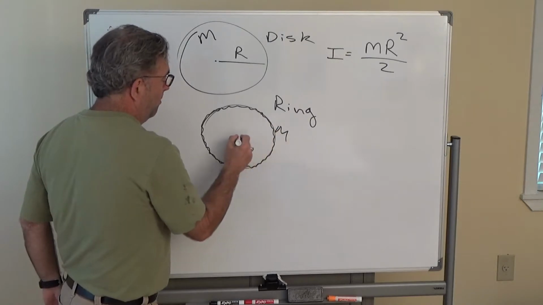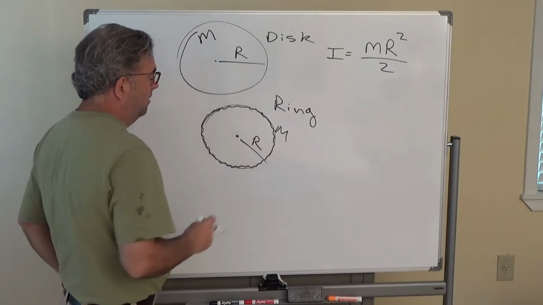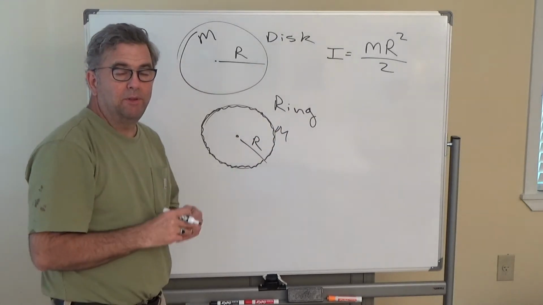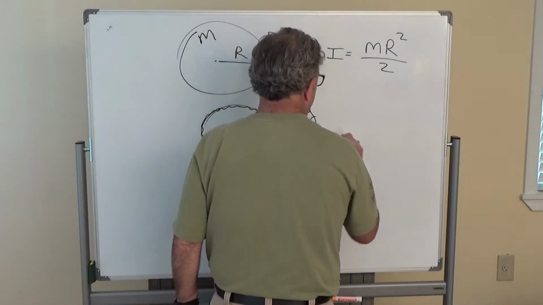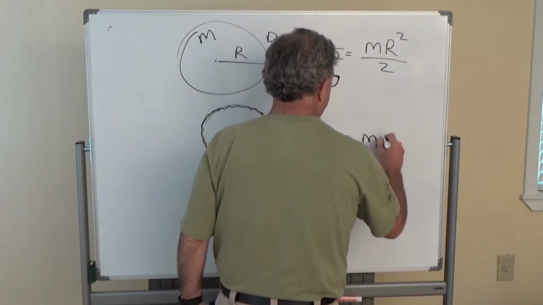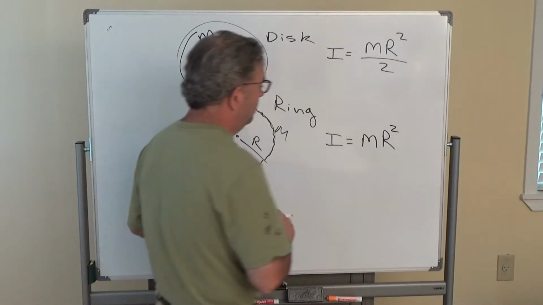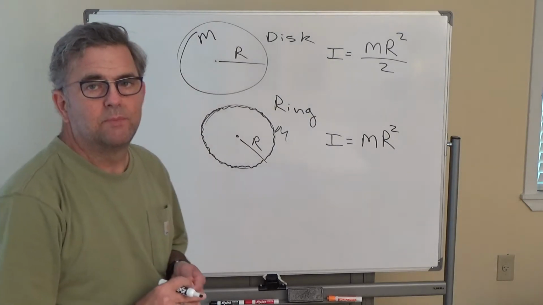So this has total mass m, and it has the same radius, but the mass is distributed differently. For the ring, the moment of inertia is mr squared.